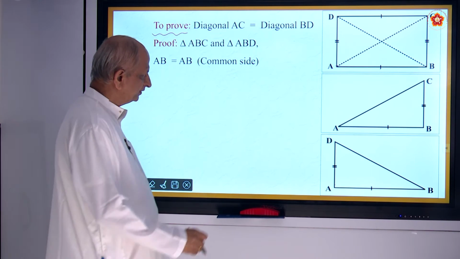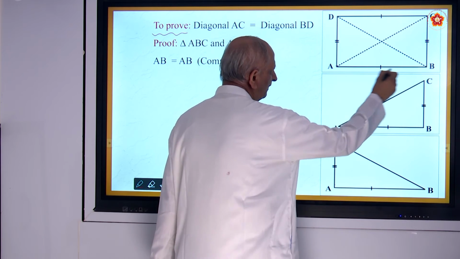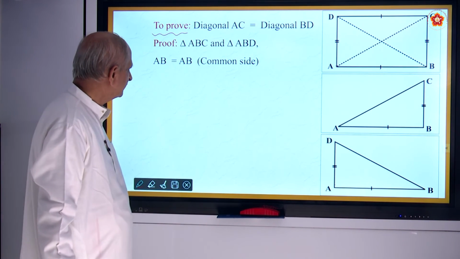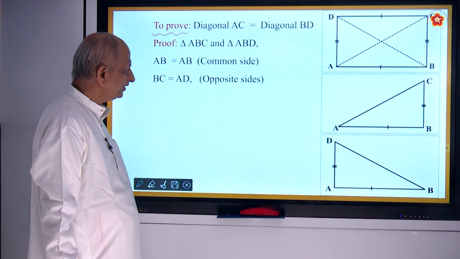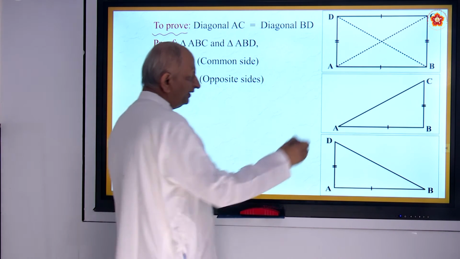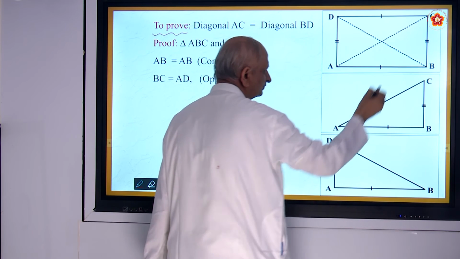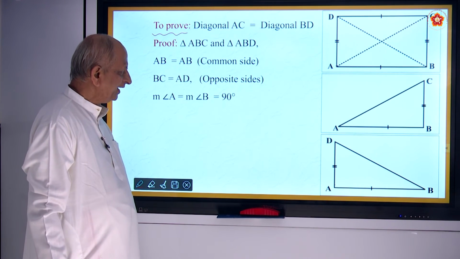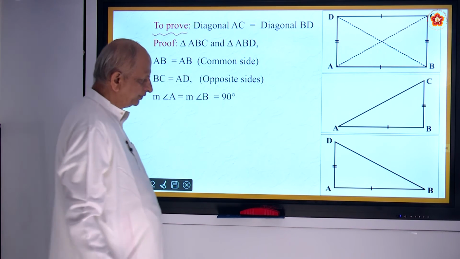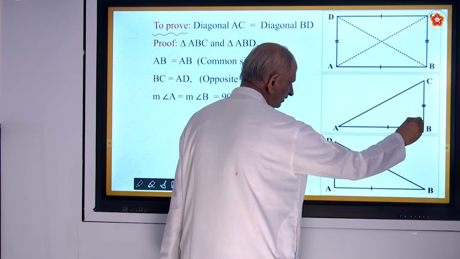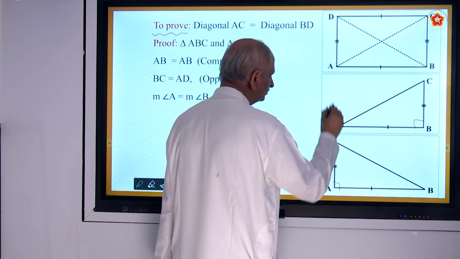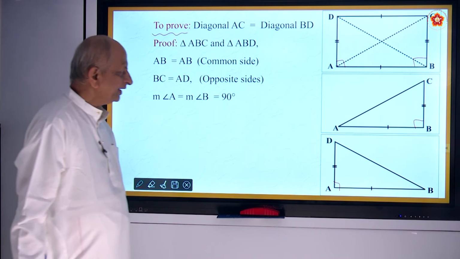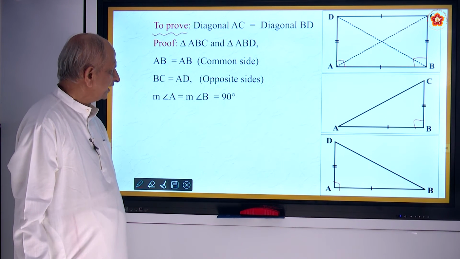First point, AB is equal to AB. AB is the common side for these two triangles. Second point, BC is equal to AD. BC and AD are opposite sides, so they are equal. Third point, angle A is equal to angle B. Angle A here and angle B here, both equal to 90 degrees.